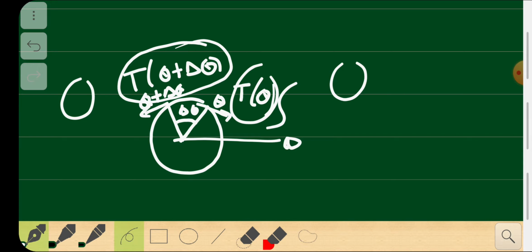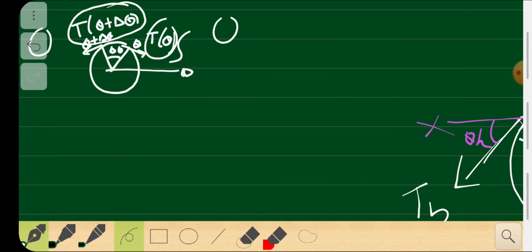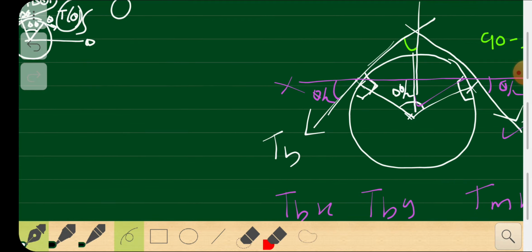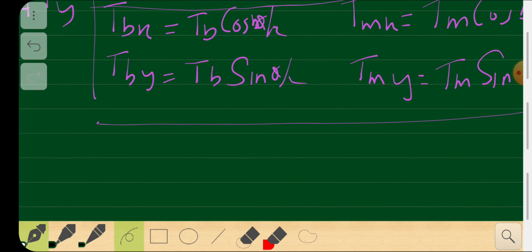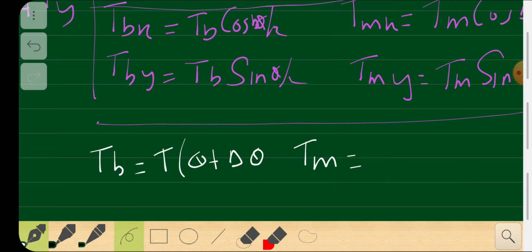It will be added or subtracted based upon the action of the friction, right? So T boy will be some changed tension, so it will be T of theta plus delta theta, and T of the mass will be the original T.